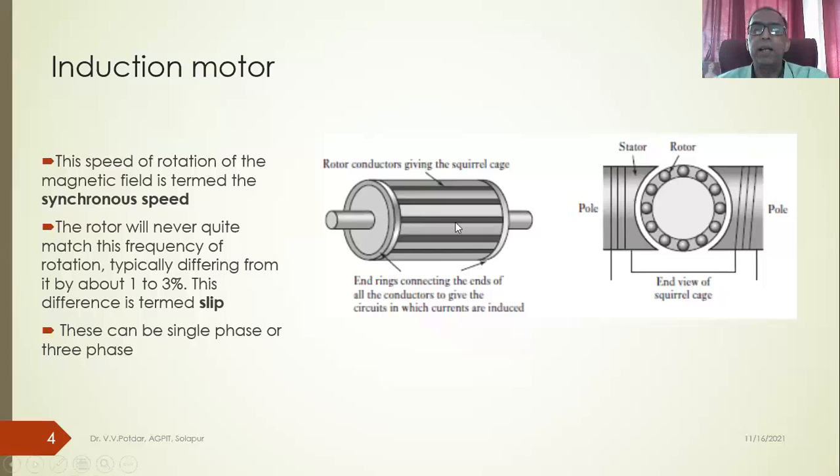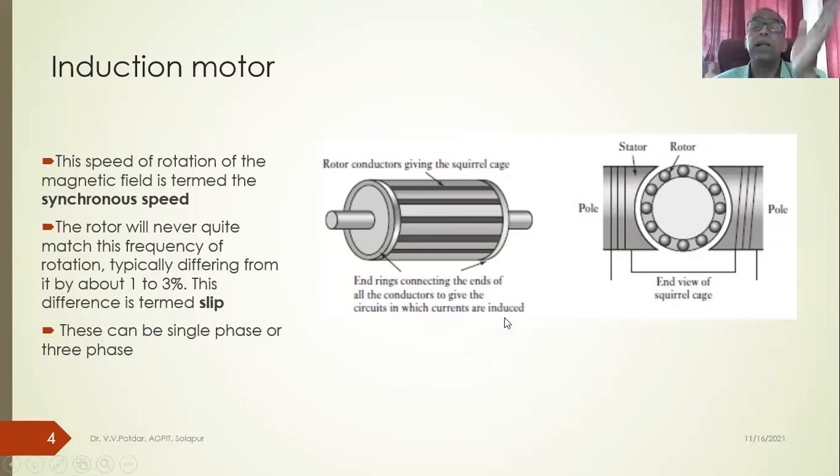You have separate conductors, right? This is one conductor, second conductor, third conductor. Like this, I have a number of conductors on the rotor, and these are short circuited at the ends by using end rings connecting the ends of all the conductors to give the circuits in which currents are induced.